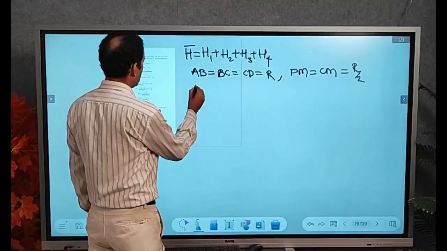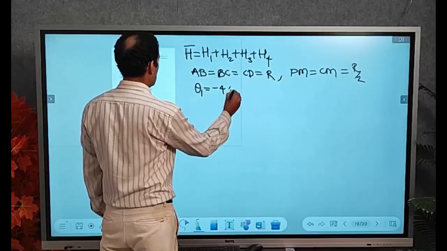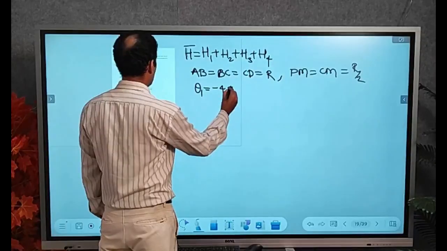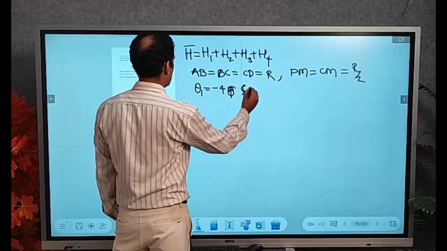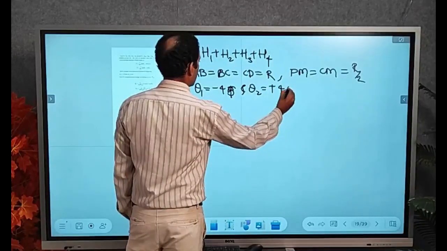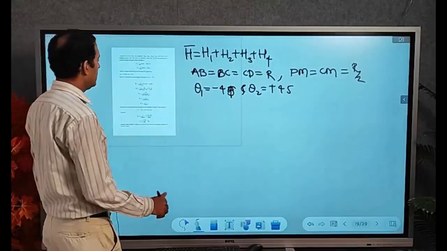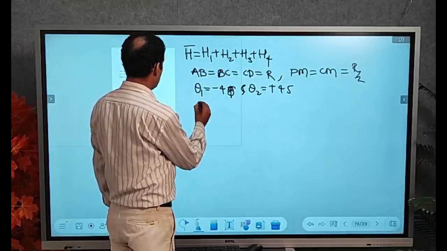Now we have two angles with the test point, say theta 1 is minus 45 and theta 2 is plus 45. So let us keep it in our expression. What is our expression?